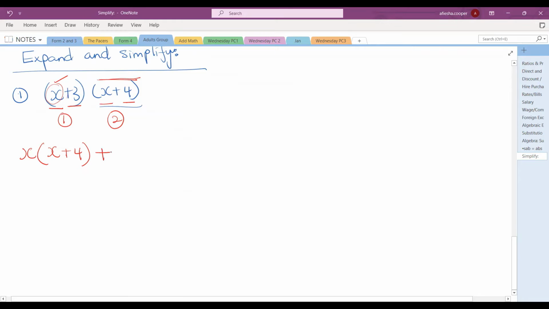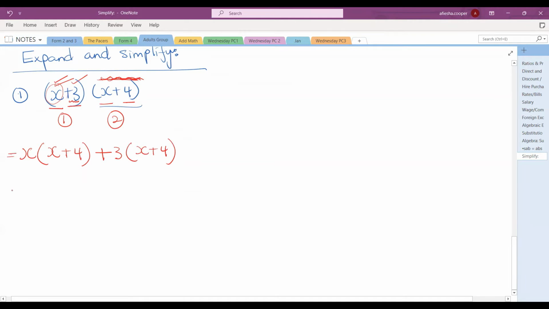And we're going to add 3, second term, by the same bracket here, x plus 4. So we would have taken this one question and broken it up into parts, two different distributions, x by x plus 4 and then positive 3 by x plus 4.